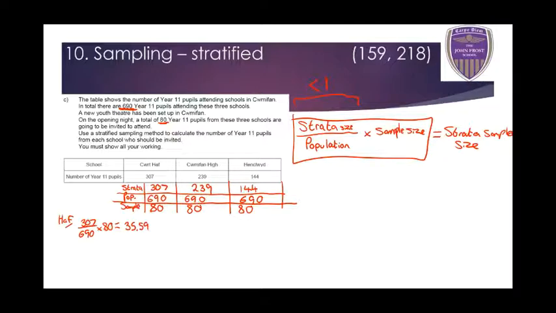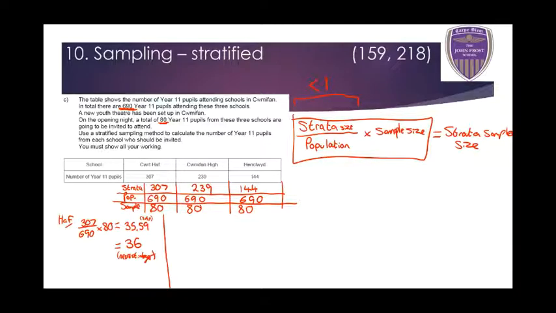Okay, so that's 2 decimal places. But remember, we can't have 35.59 of a person. It has to be 36. We have to round to the nearest whole number. So we're going to take this up to 36, the nearest integer. Okay, so that's Cumulative.